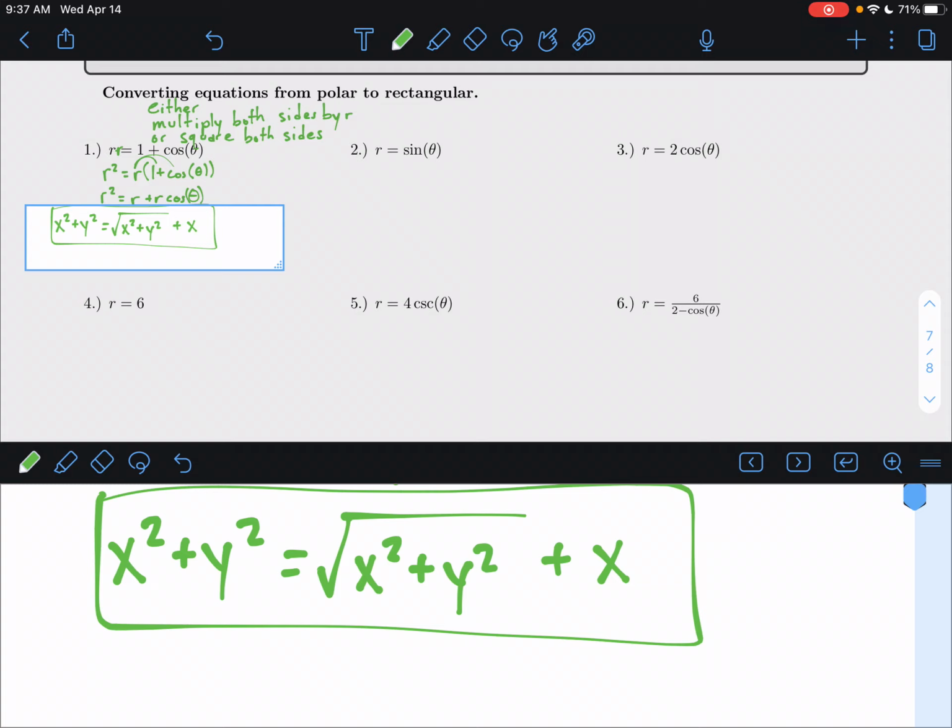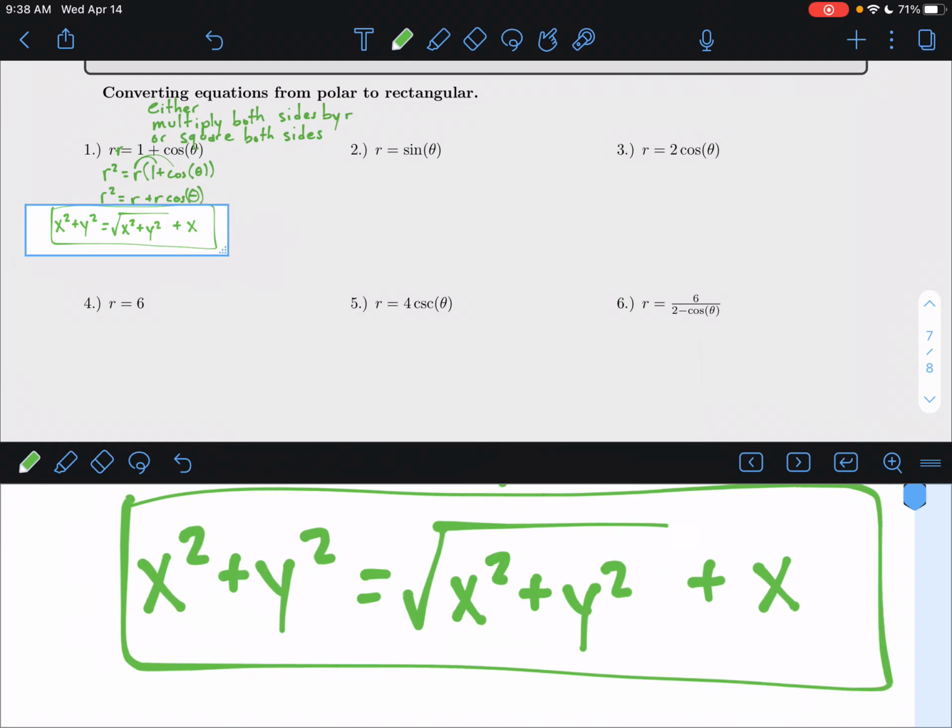That's perfectly fine. I know that it can get confusing, like how far should I simplify this? There's no real answer to that. If you can solve for one of the variables, go ahead and do it. If you can't do it easily, don't. There's no need to do so. On this one, I can't solve for one of these variables very easily, so I'm just going to leave it like that.